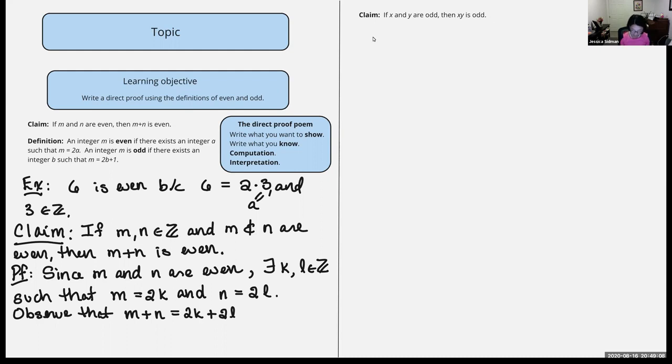So what I'm going to do here is I'm going to say, well, I'm going to factor. And so I get 2 times the quantity K plus L, okay, period. And I'm going to say, since we know K and L are integers, the quantity K plus L is an integer.